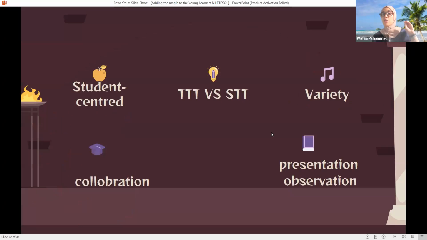Okay, on the stage, your performance matters. Your performance matters because you need to make your lesson student-centered. Your TTT shouldn't be very high. There should be variety. You should keep an eye on your performance, on your activity. In your activities, you need to have collaboration in your class.